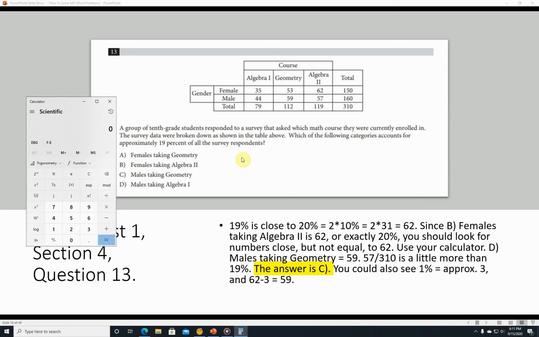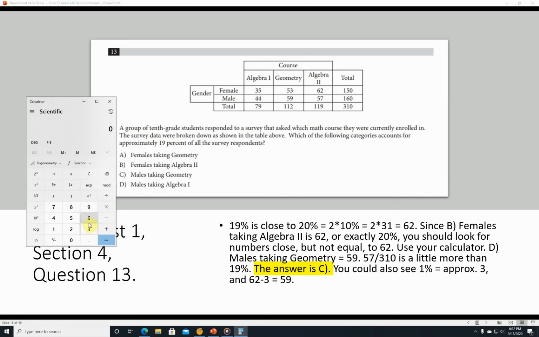Another way to do it, which is kind of neat, is you could say, okay, 1% of 310, we just go 0.01 for 1%, is 3.1, so 1% is approximately 3, and then you just subtract that from 62. So I just made it negative, and I'm going to add it to 62. Boom, that's 58.9 or 59. So either way is all right.